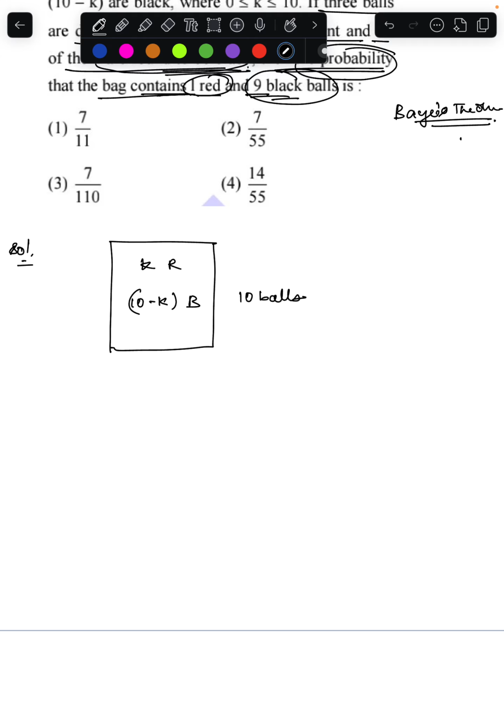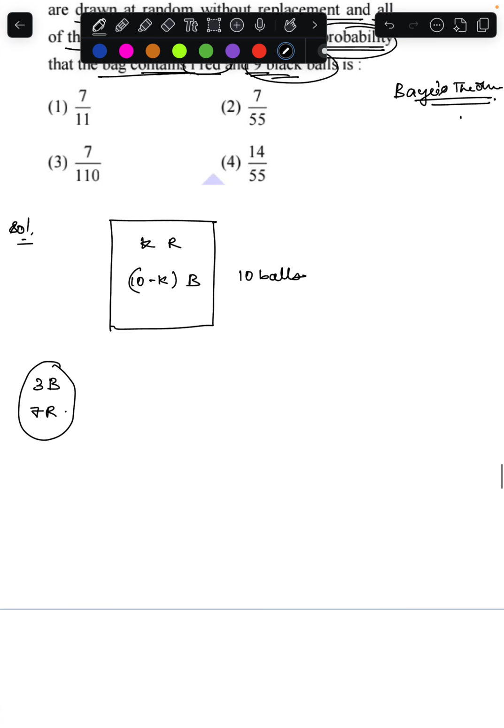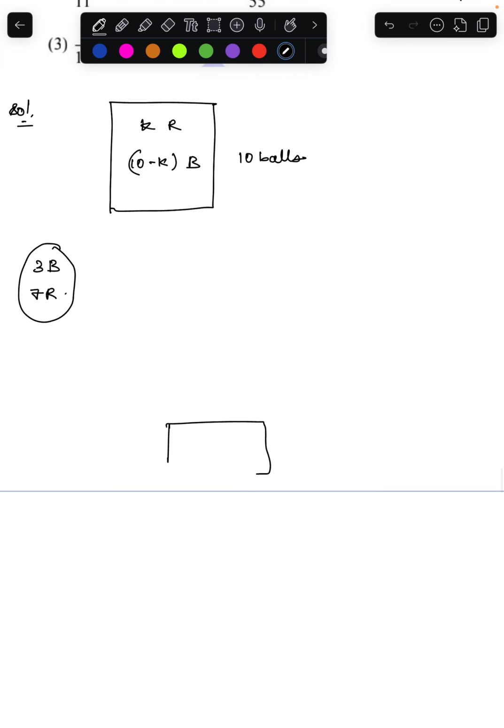So let's take the scenario. There will be a minimum scenario of three black and seven red, because already three black balls should be drawn, right? The event has already occurred, three black balls are drawn. So that means minimum three black balls should be there.